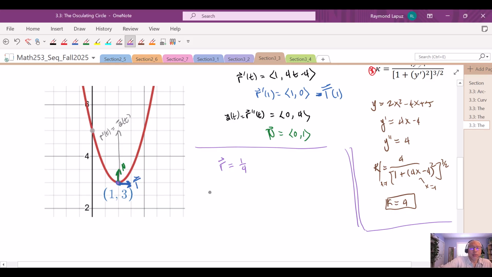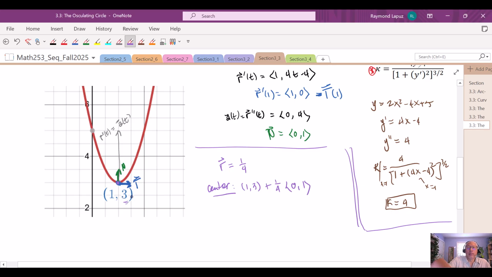So the center of the circle will be the point (1, 3) plus 1/4 times a unit normal vector (0, 1). You probably could have seen the geometry here and just said, I'm going to go 1/4 up, so this is going to be 3 1/4.